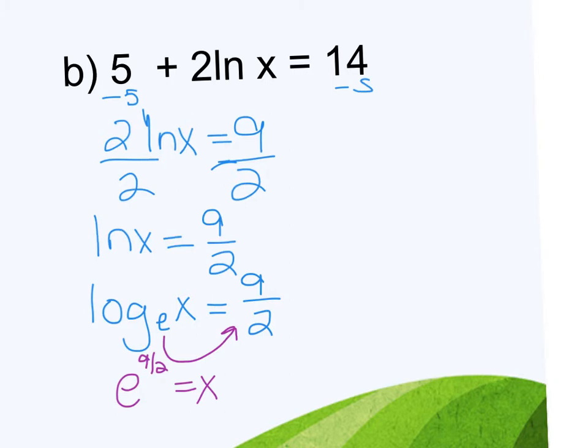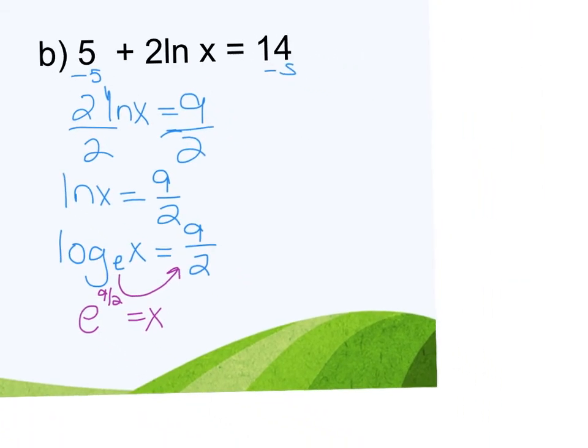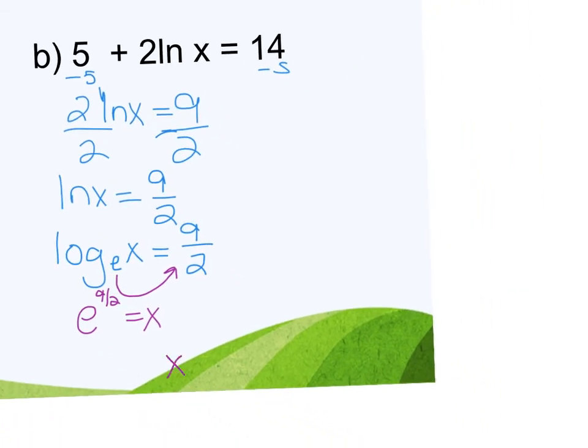You've got to get it into that log so that you can then get it into the exponential notation. What I did was, instead of changing it to the log base e of x, I just changed it straight to e to the 9 over 2. So you're just doing that step in the same, yeah, the two steps at once. Do you need to write it? As long as you've got some work to back what you're doing, you're fine.